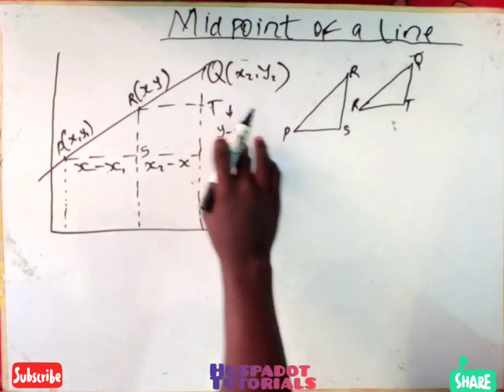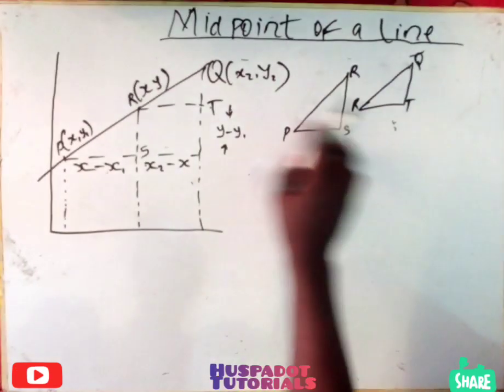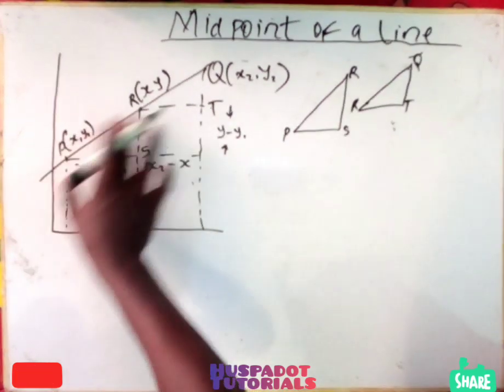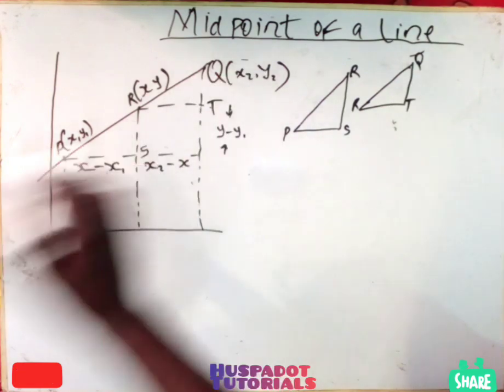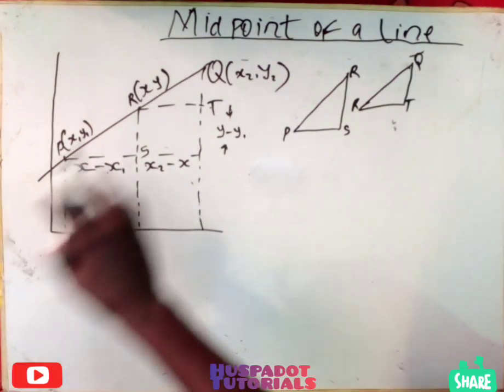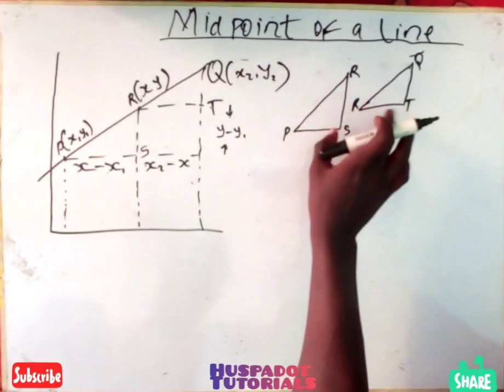Now you bring out the triangle PRS, the triangle from this side, then you bring out this triangle RQT. If you notice, both triangles are similar right-angled triangles.